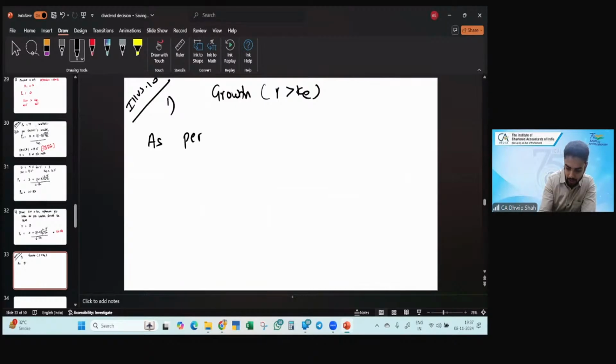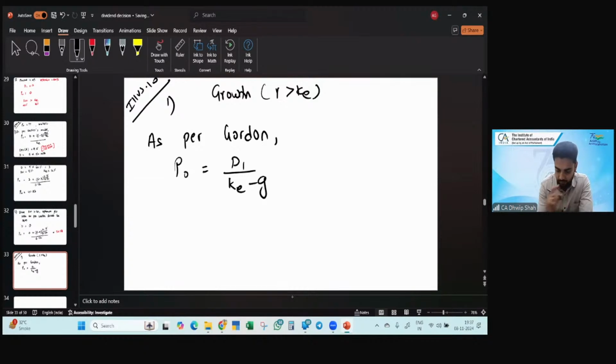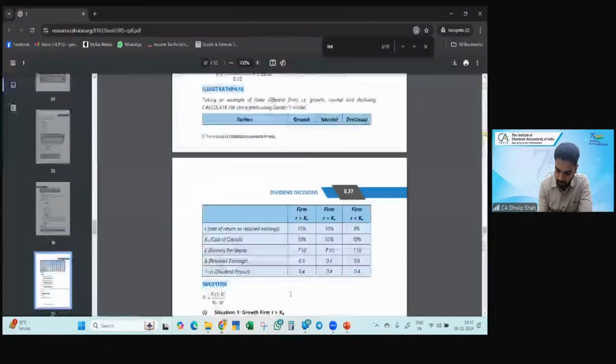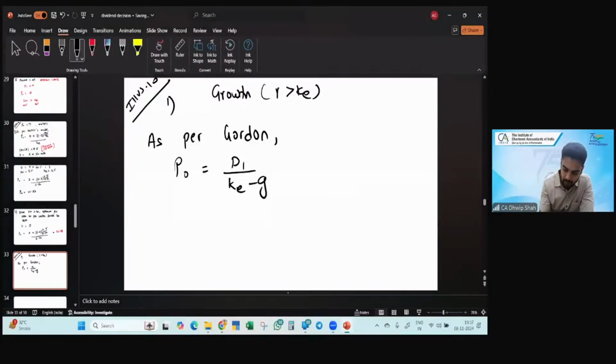So as per Gordon, share price of the company is nothing but D1 upon KE minus G. Now just focus on the company growth. KE is given in the question. KE is 10%. Yes or no?